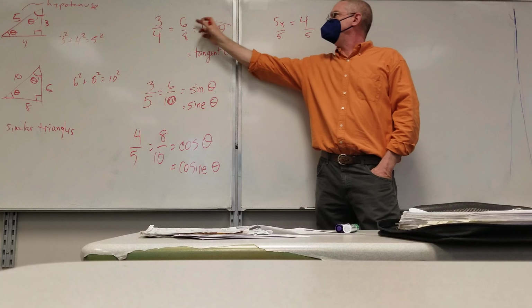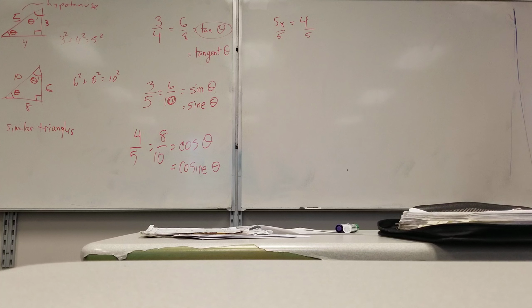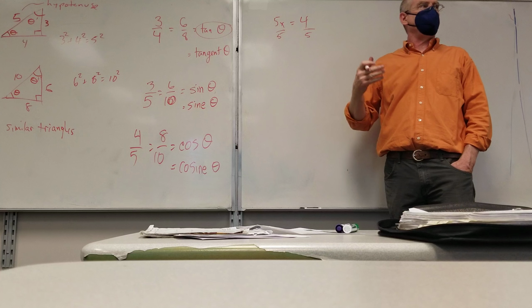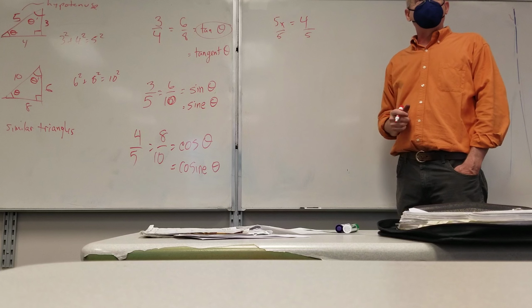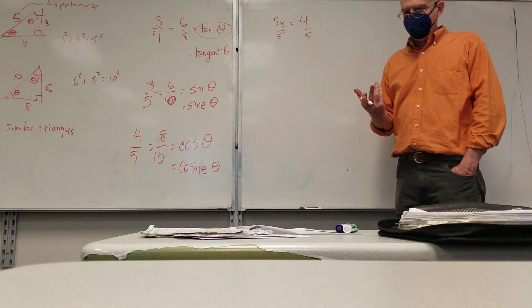Except tangent of theta, they're sort of linked. That's a much stronger bond. It's not tangent times theta, it's tangent of theta. So we need to somehow undo it. We have to somehow get rid of tangent. And we do that by doing the opposite, or doing the inverse.